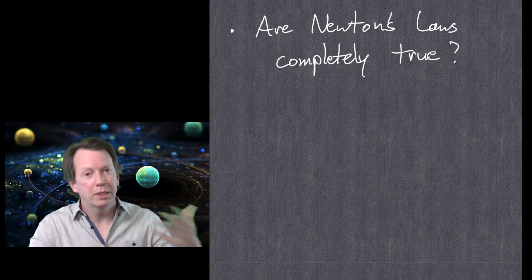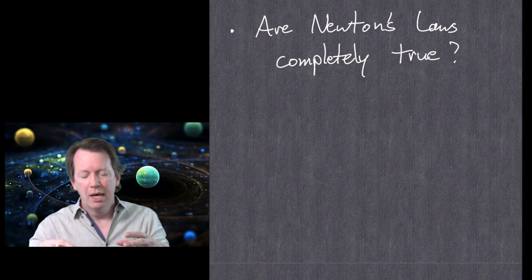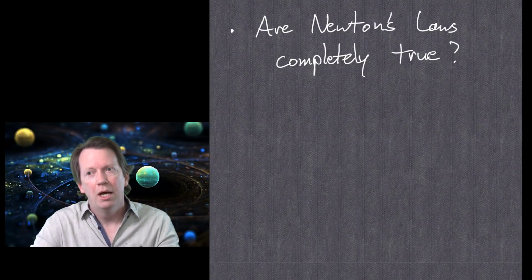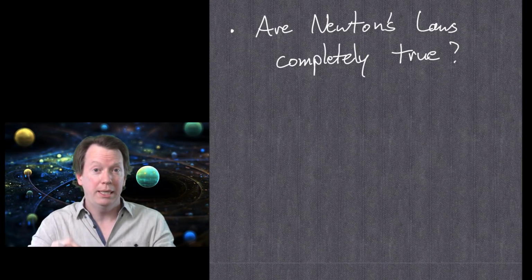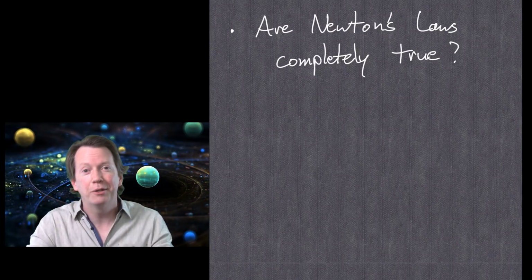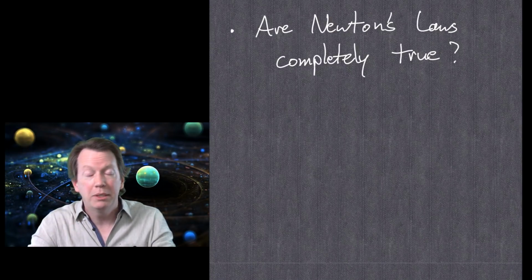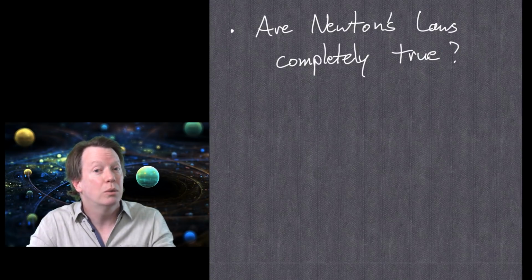You're making some extra assumptions. So there's this sort of more immediately relevant sense in which Newton's laws are completely true only if you're really being comprehensive, only if you're really getting down to the nitty-gritty of all the atoms and molecules and applying them exactly, which in many appropriate cases we just don't want to do.